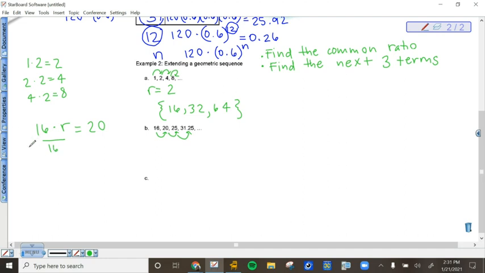So if I divide this side by 16, I also divide the other side by 16. Now 16 cancels out. I'm left with R equals 20 over 16, which equals 1.25.